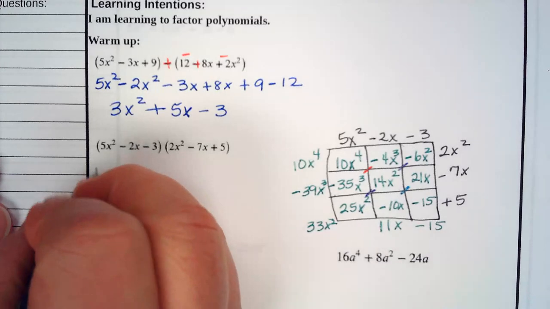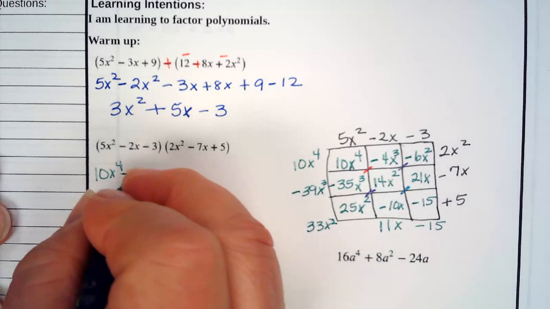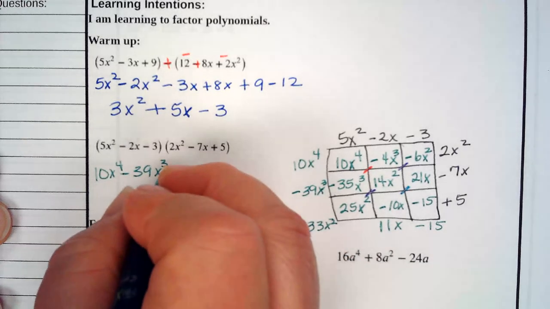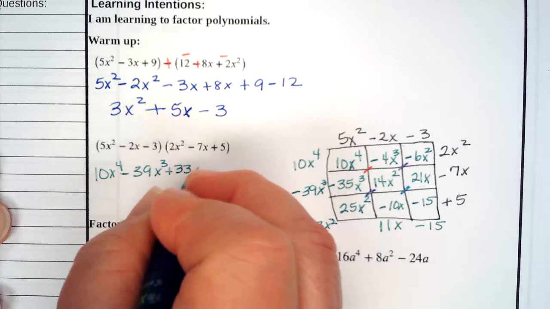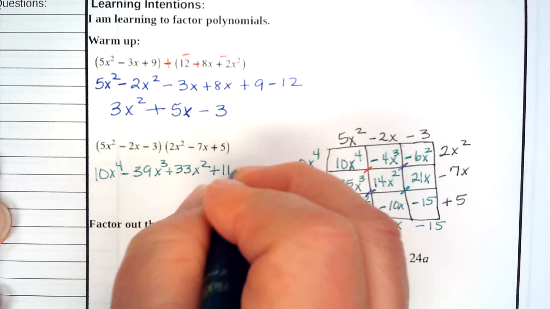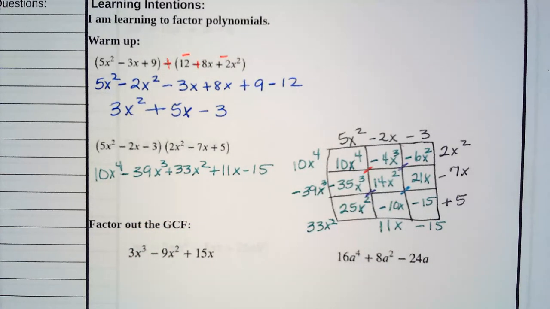Putting it all together, 10x to the fourth minus 39x to the third plus 33x squared plus 11x minus 15, and we are done.